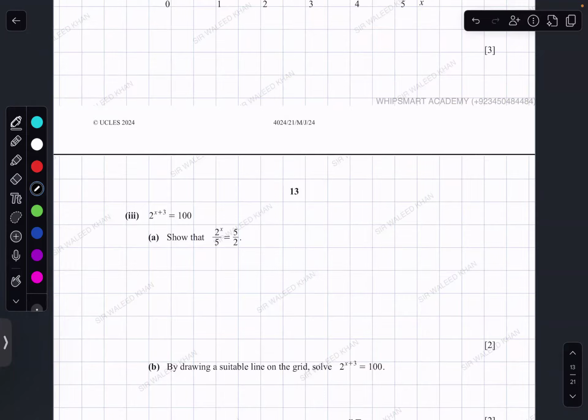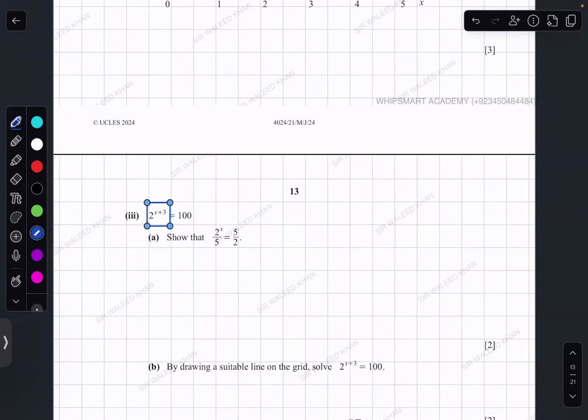Now, for this one, we have to show that 2 power x is equal to 5 by 2. Now, what can we do with this? I have a power over here, which are being added.